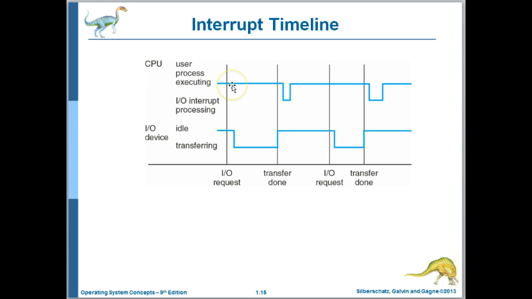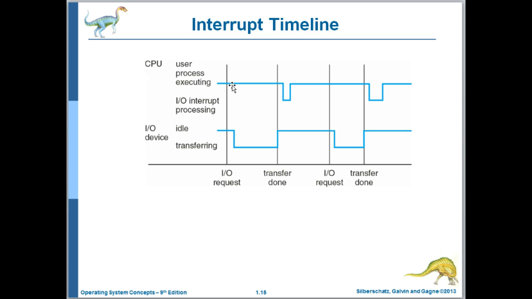At the same time, that user process A can no longer run, right? It's blocked until the file data is ready. So what happens at that point is the operating system will suspend that process and then look for another process to run.